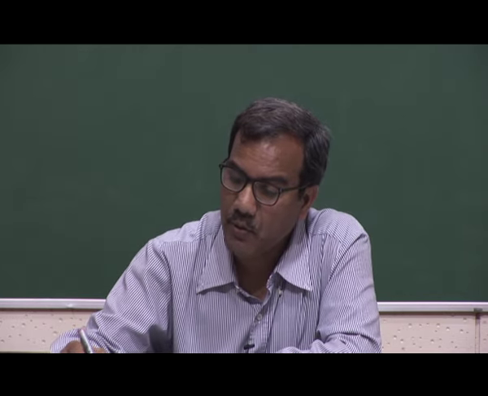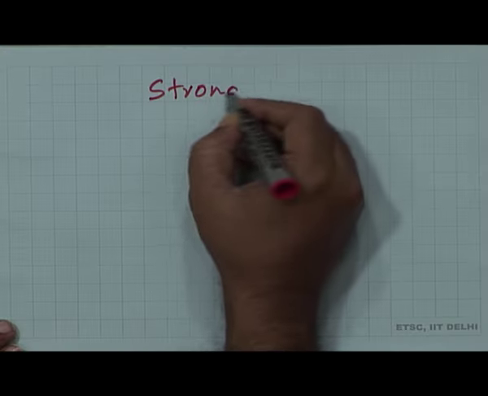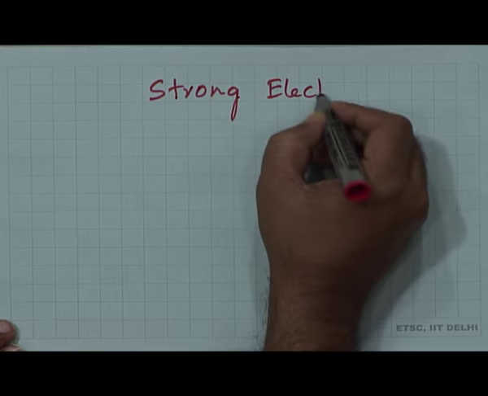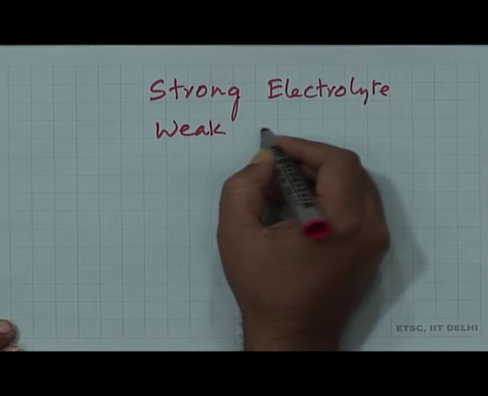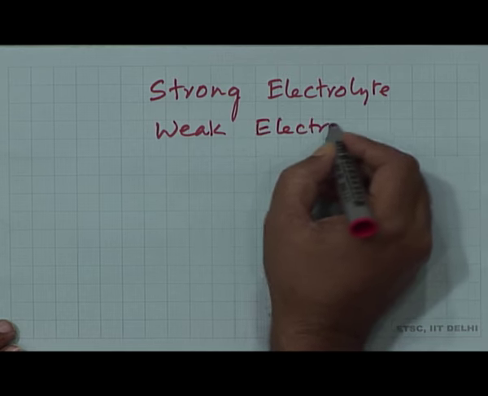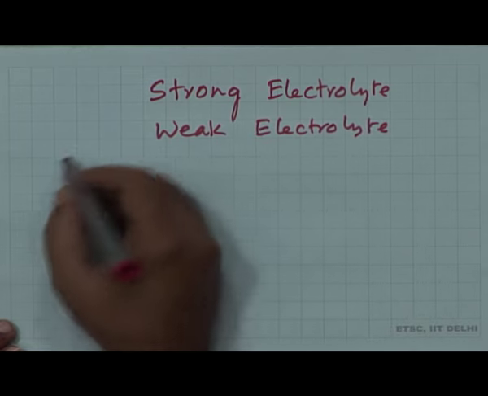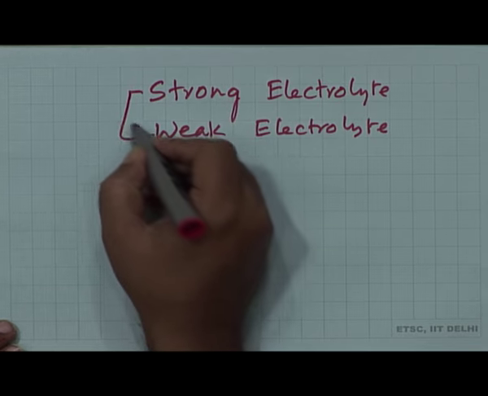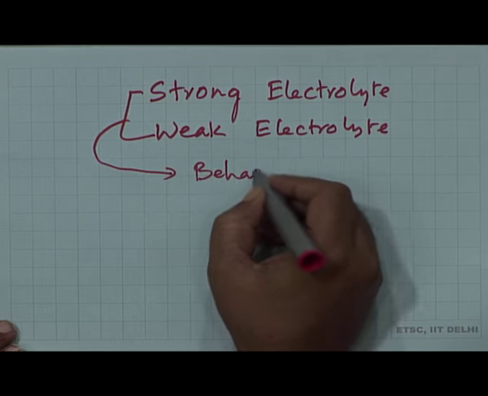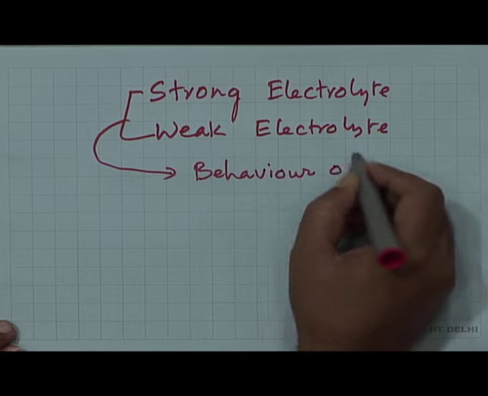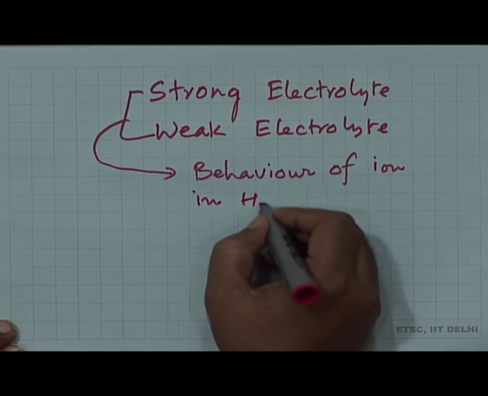Now, why are some compounds strong electrolytes and some compounds weak electrolytes? This will depend on the behavior of ions in water.